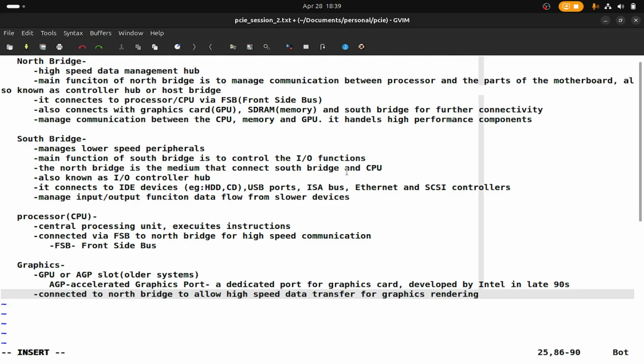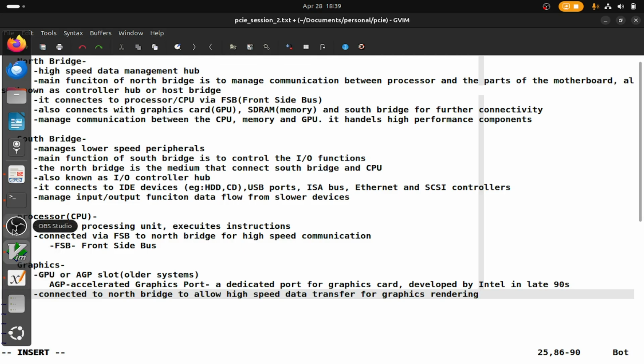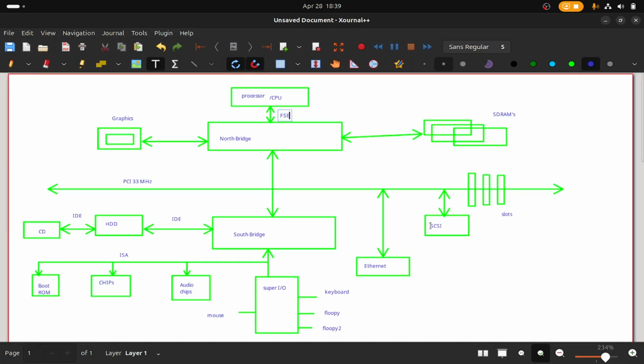Fine. Coming to the diagram. Here you can see the graphics is connected to the North Bridge. The purpose was, let's say in your mobile or laptop you have a 1 minute audio and a 1 minute video.